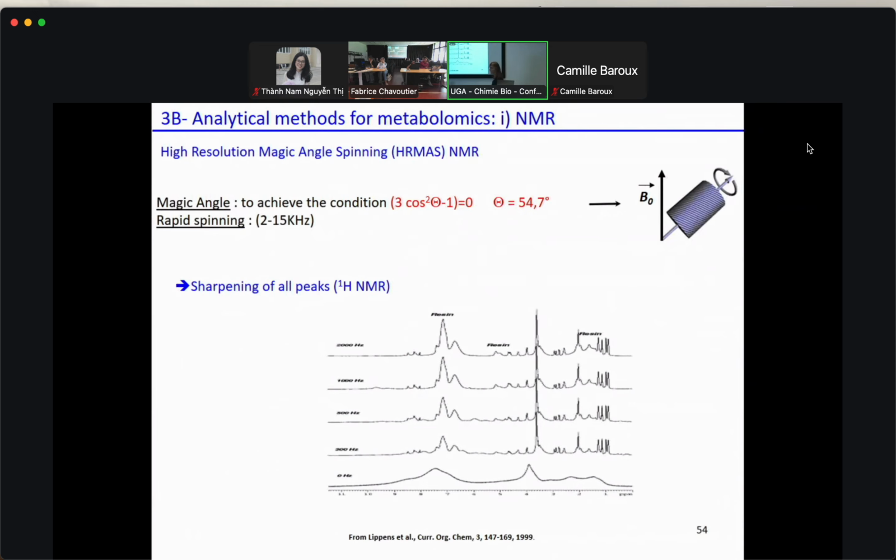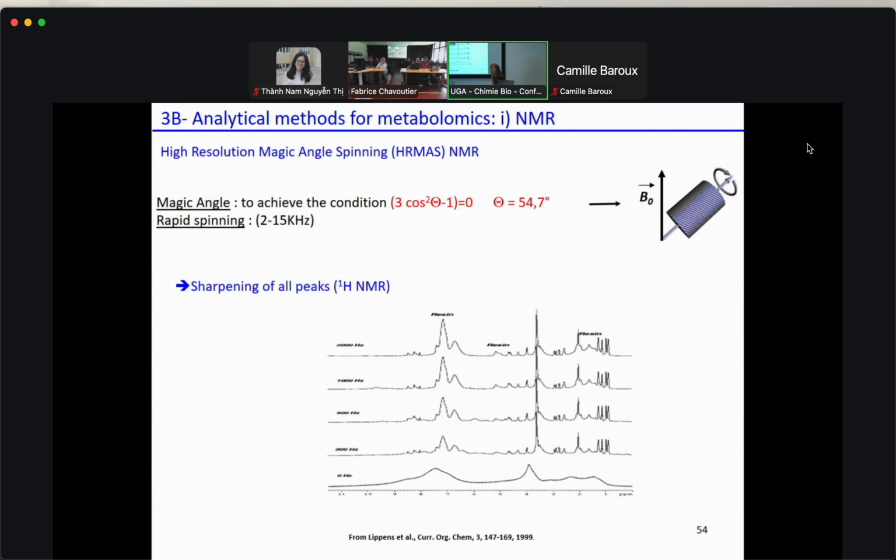If you put your sample not aligned with B0, but at this angle, and you spin your sample very rapidly to force all the spins to be at this angle, this is a technique which was developed for solid NMR, but we use it for semi-solid NMR, and we recover resolution, by putting the sample at the magic angle and spinning it.